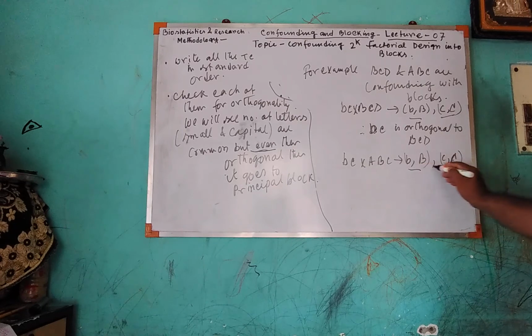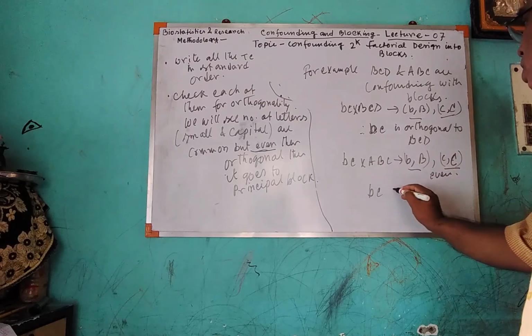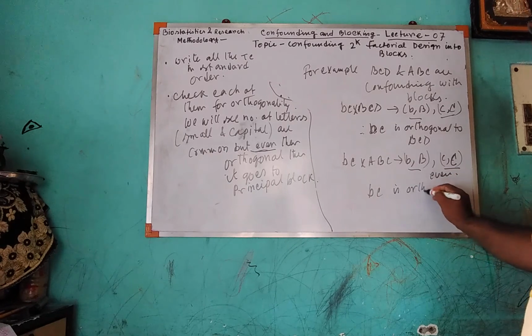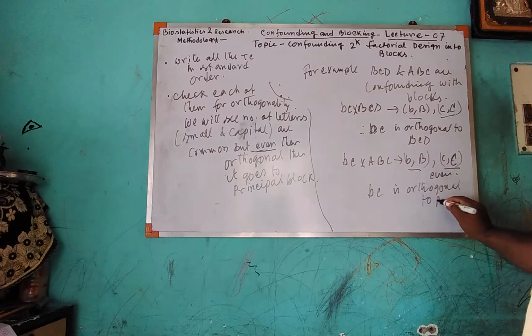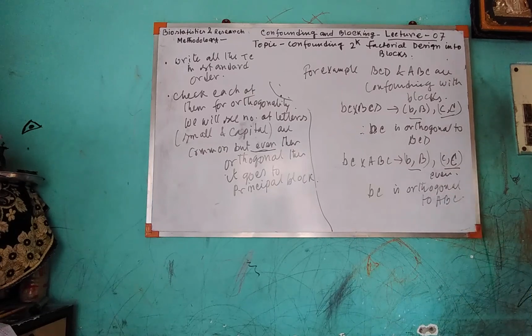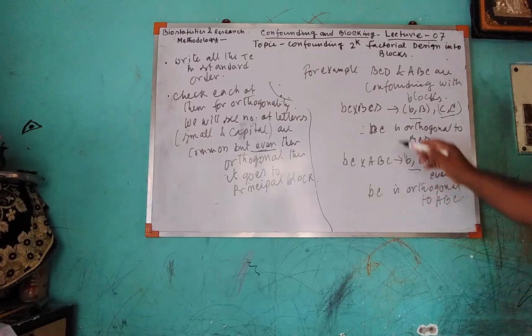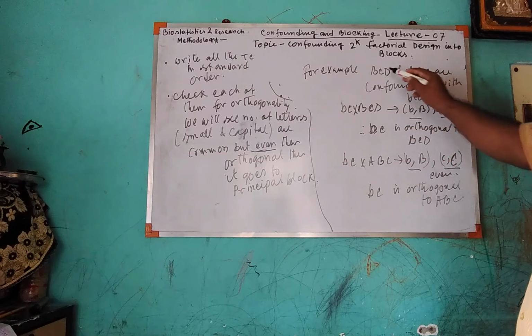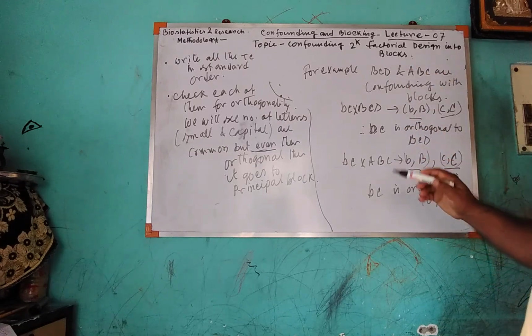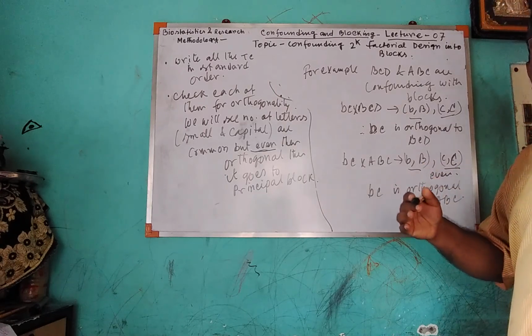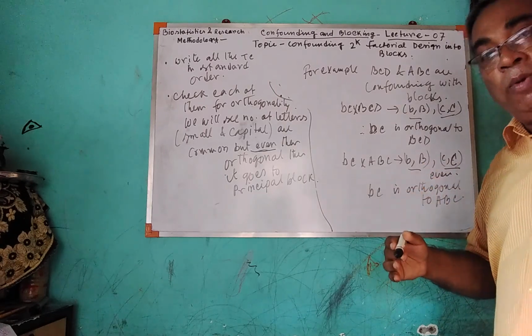So two, an even number, are common. Therefore BC is orthogonal to ABC. So BC is orthogonal to BCD and BC is orthogonal to ABC also. That confirms that BC will go into the principal block.